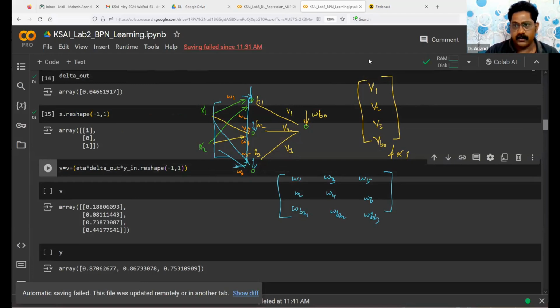If you want to know what is actually happening in this line, it is a vectorized calculation. This is the initial weight matrix.